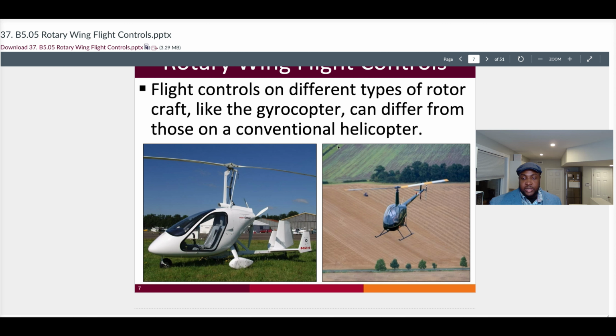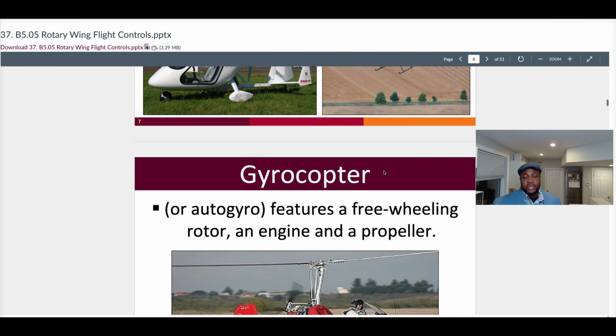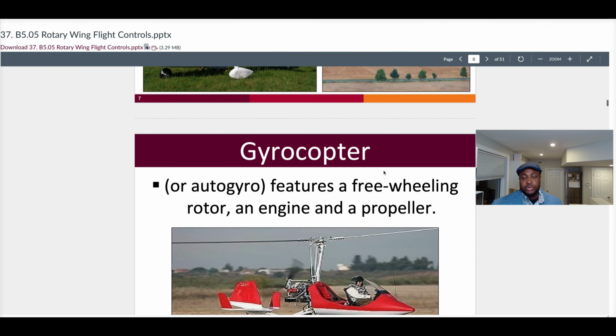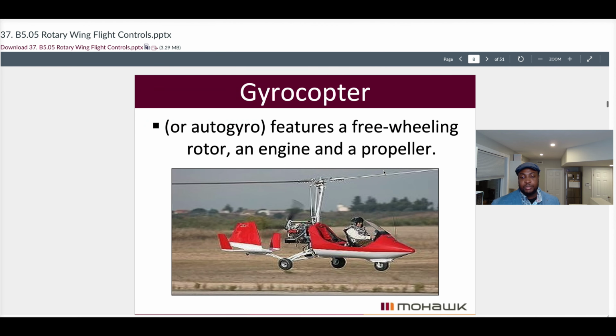This is a gyrocopter. The gyrocopter simply uses the principle of auto-rotation and freewheeling to propel the aircraft. This features a freewheeling rotor, an engine, and a propeller.